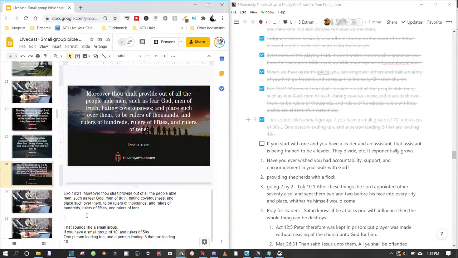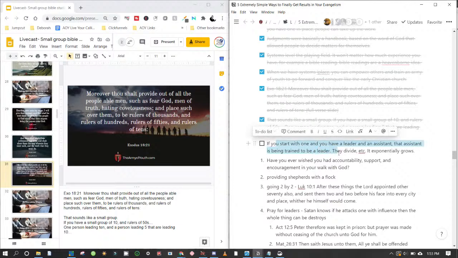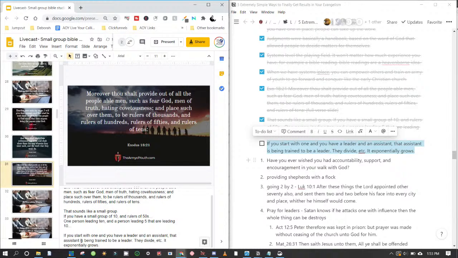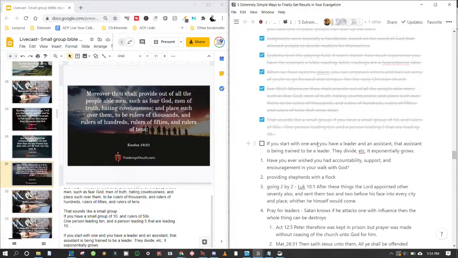Hey, that's good. I think you put that in there. Maybe I did, but that looks really good. You see the verse that talks about grouping people, and you have the small group. That's a blessing. If you start with one, and you have a leader and assistant, that assistant is able to train, then they divide. It exponentially grows. Anytime we have phrases like this, it's very visual.